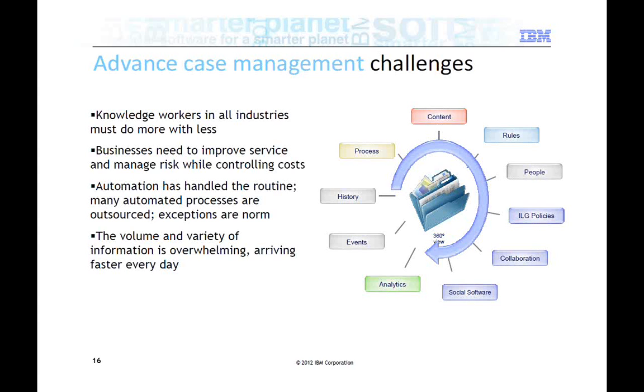And a case requires people because they are the ones who need to act and make decisions. So in summary, a case should contain the information, correspondence, tasks, policies, rules, processes, people, events. Most importantly, all these things should be accessible, circulated, and managed in the context of the case. That's what we call case management.